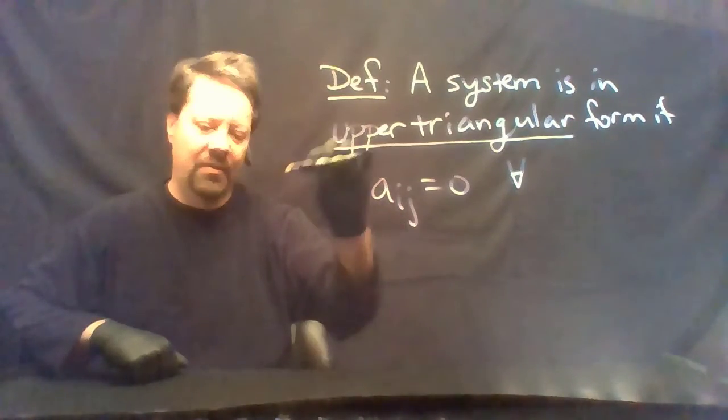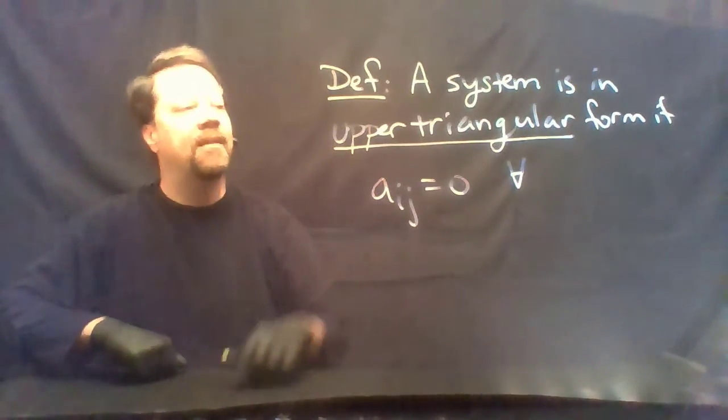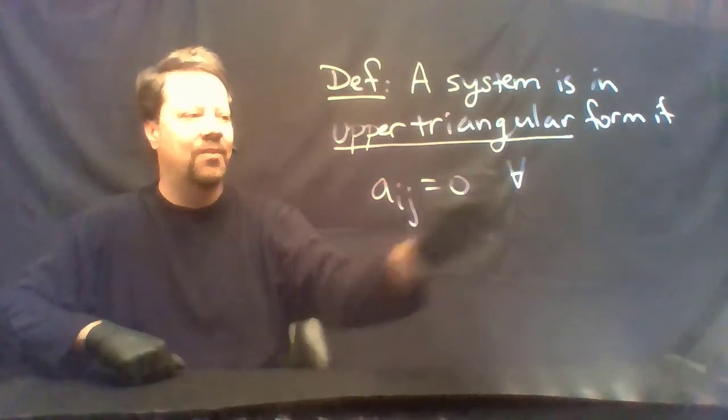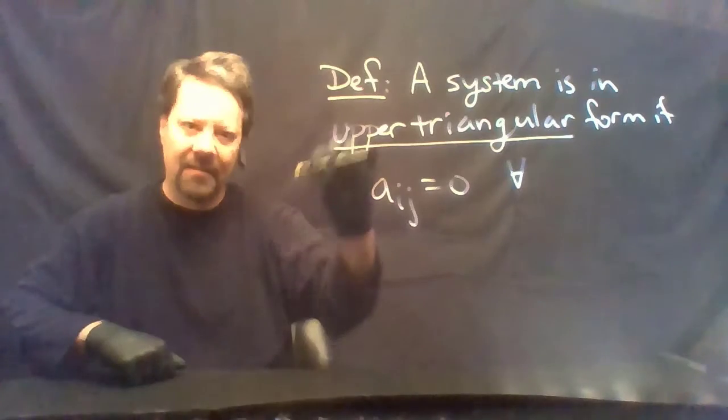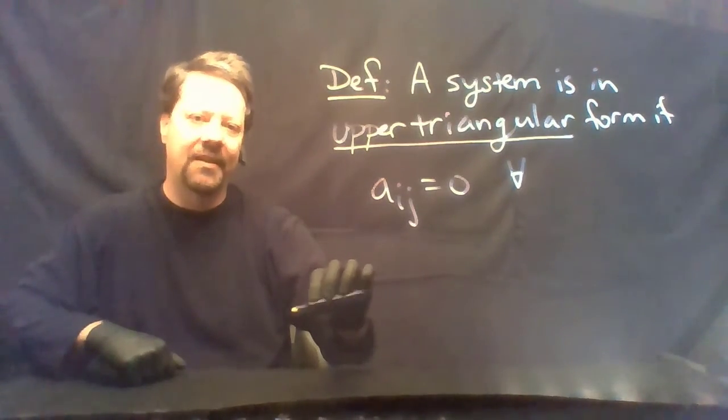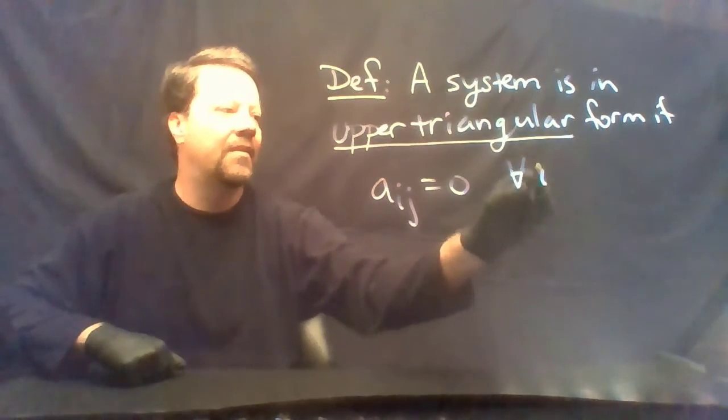For all, we're assuming that the coefficients are 0 whenever the row number is bigger than the column number.